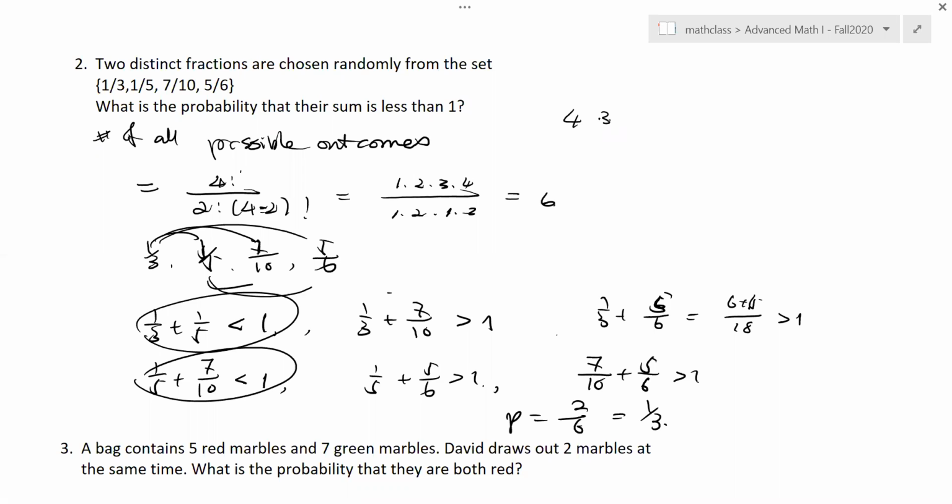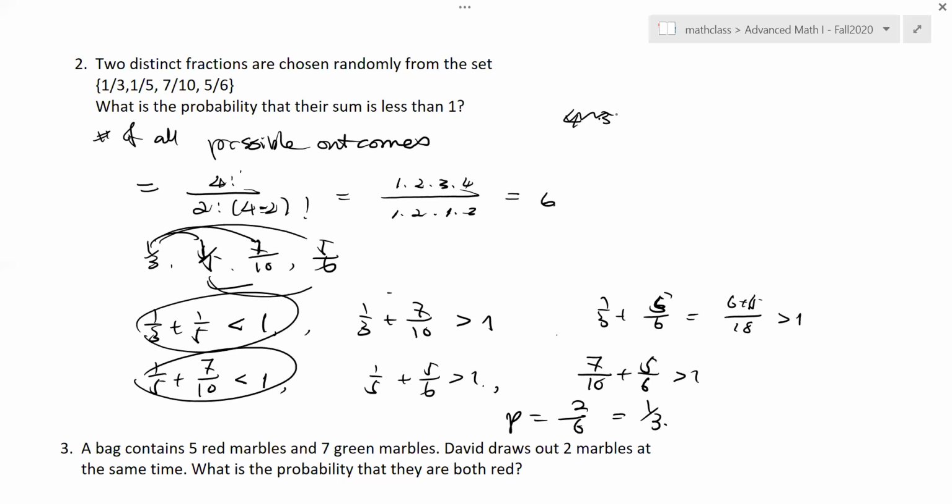I don't know how they get 24. It depends on how you count them. Sometimes you don't consider the order.